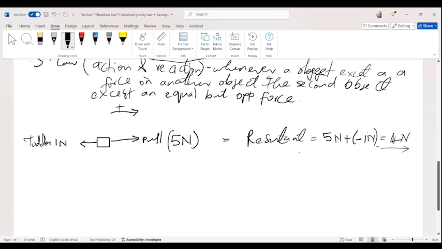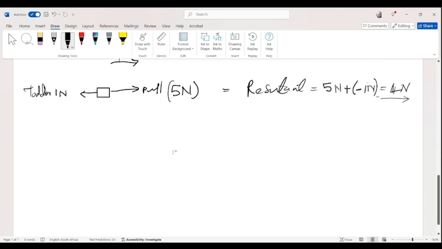Now, it can happen that you get forces acting at an angle on an object.